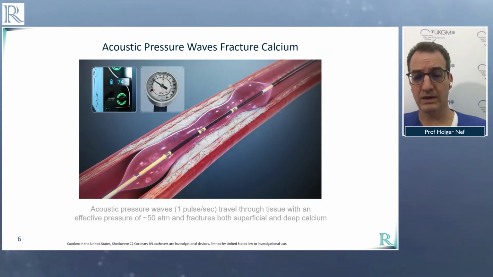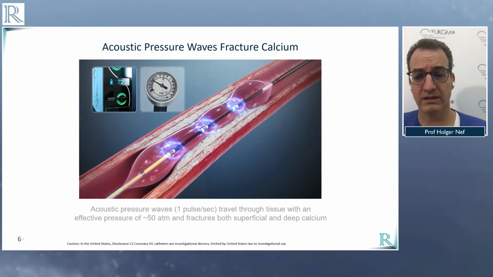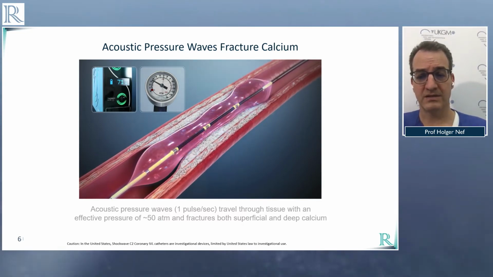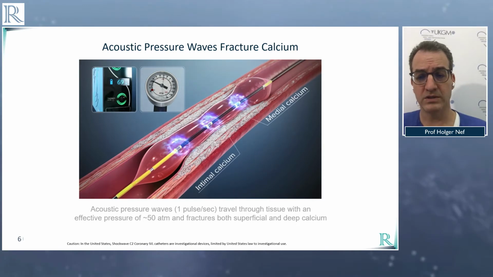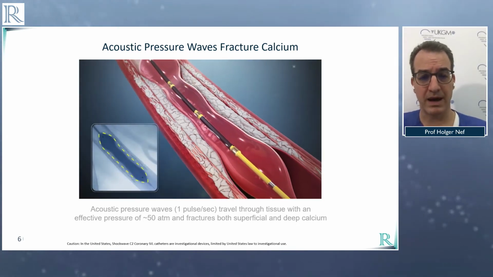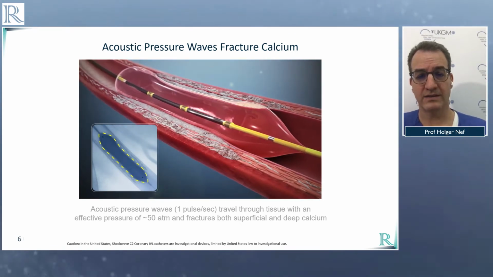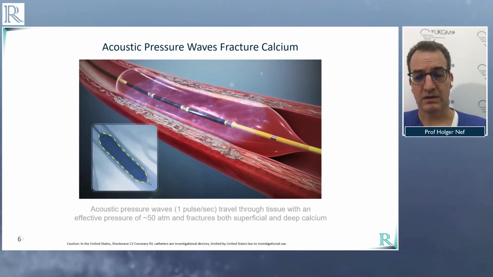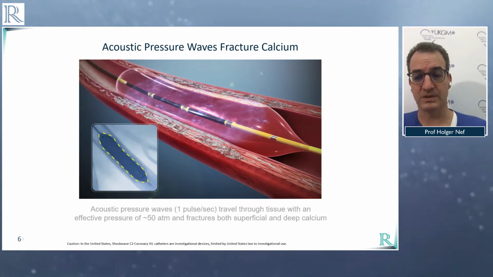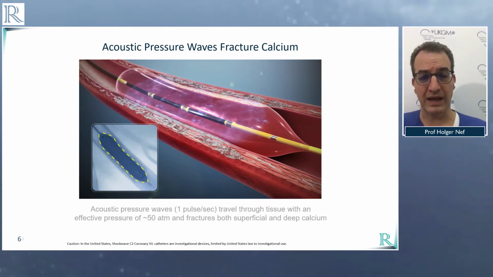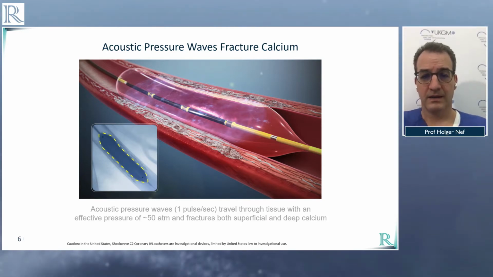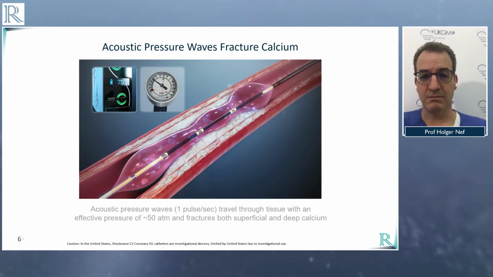You can see in the balloon catheter, a small electrical discharge at the emitters vaporizes the fluid within the balloon to create a rapidly expanding bubble, and then this bubble will generate sonic waves, and these waves create microfractures in the calcium so that the vessel gets compliant and the stent can deliver adequately.